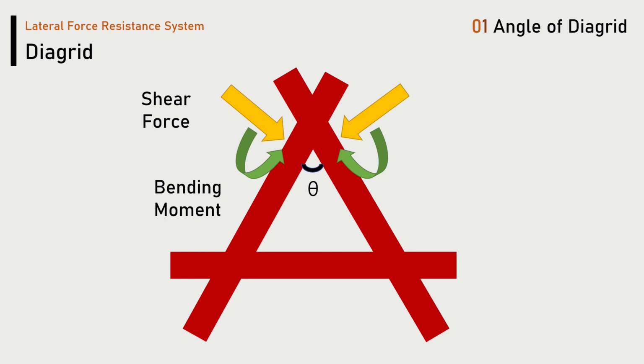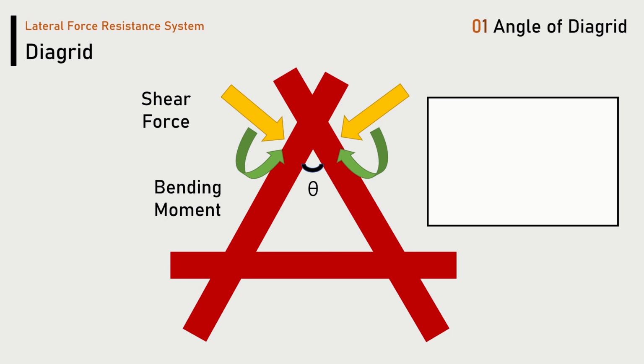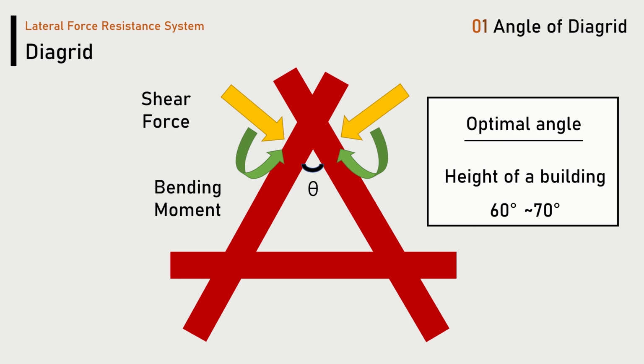Depending on the angle, the levels of force that apply to these members are different. Therefore, there is an optimal angle that properly affects these members, and it differs depending on the height of the building. They decided that 60 to 70 degrees is the most appropriate.